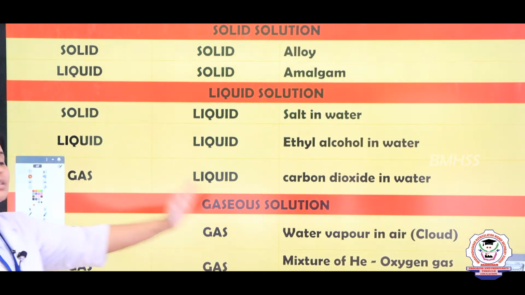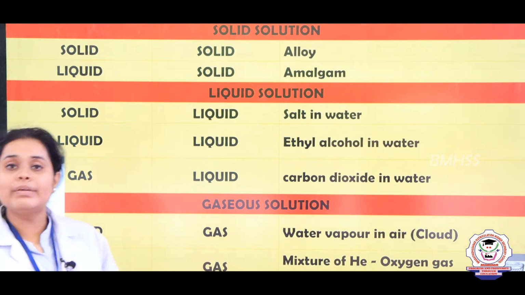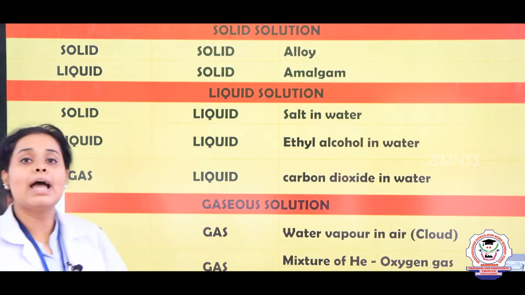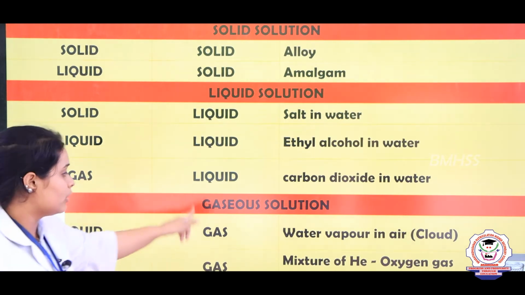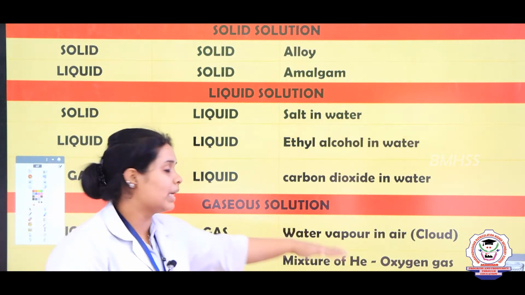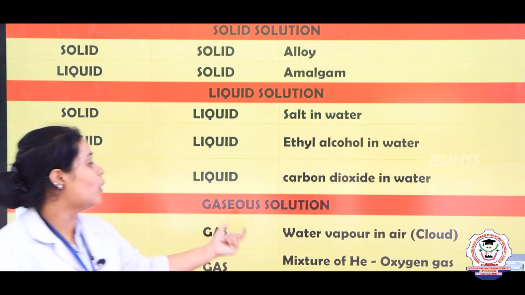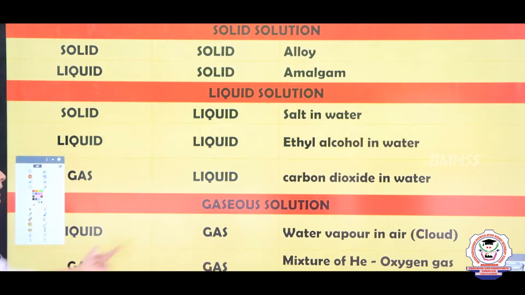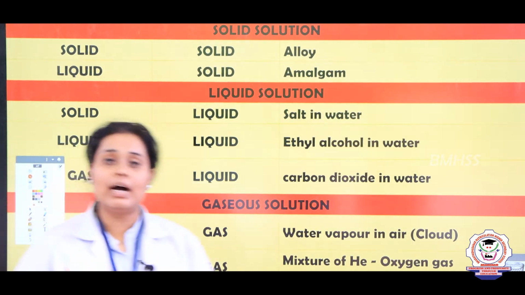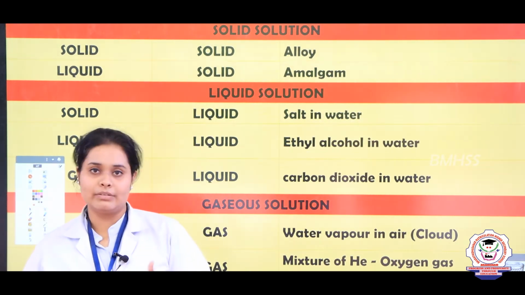Then gaseous solution, where the solvent is in the gas state, and here you can see that when a liquid solute is added into the gaseous solvent, an example is water vapor in the air, for example clouds. Then gas, which is a mixture of helium and oxygen, right?